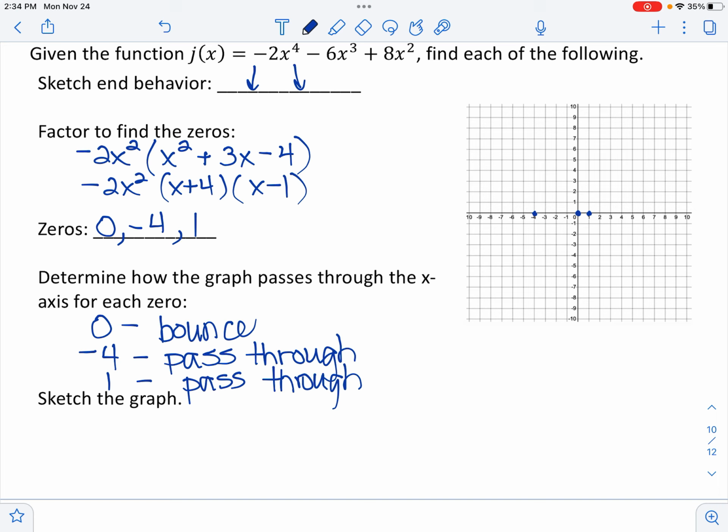So we are trying to find -2x to the 4th minus 6x to the 3rd plus 8x squared. I can just type that into my calculator, and hopefully it matches what we've got. It should be facing down in theory. Okay.